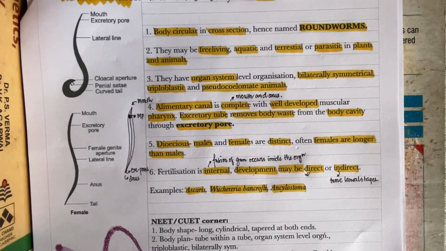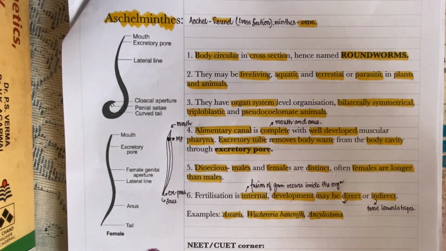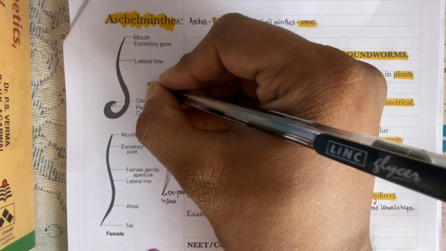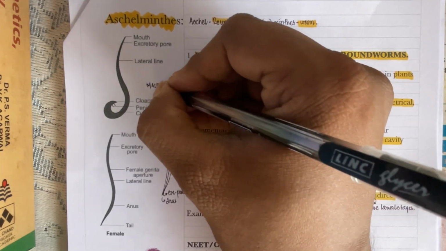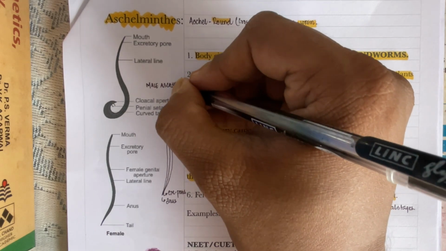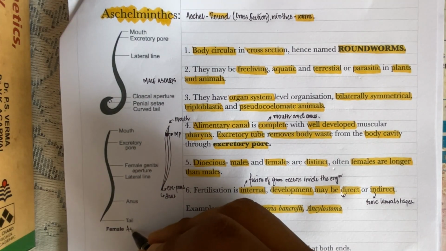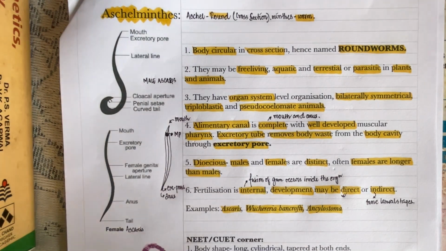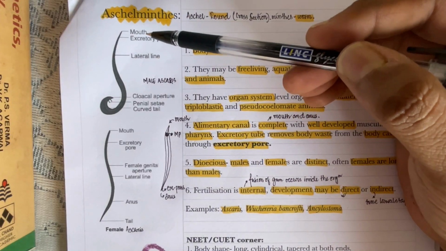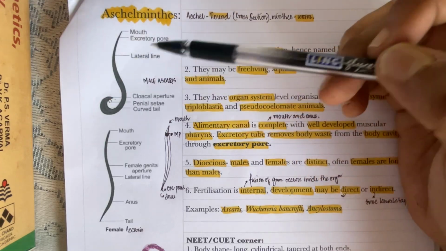See the diagrams. These diagrams are very important. Diagrams are very interesting also. If you see the first Aschelminthes, both of these two fall under Ascaris. So this is a male Ascaris, and this one is a female Ascaris. They have a mouth, a lateral line that shows the midline, a cloacal aperture, and a curved tail at the end.